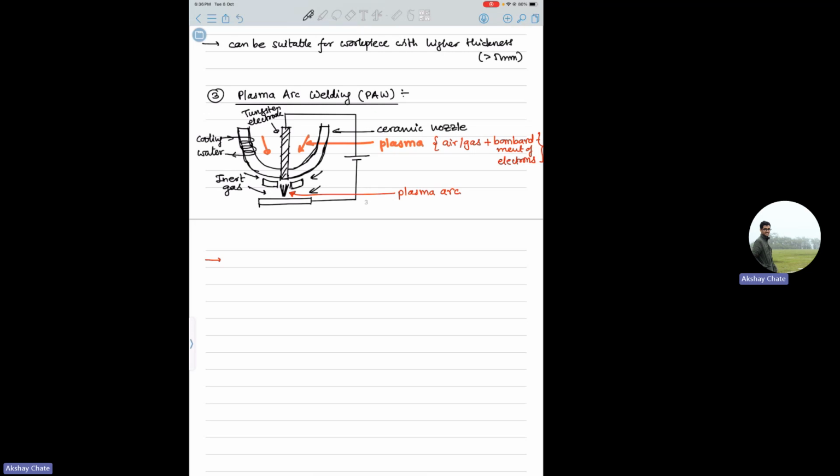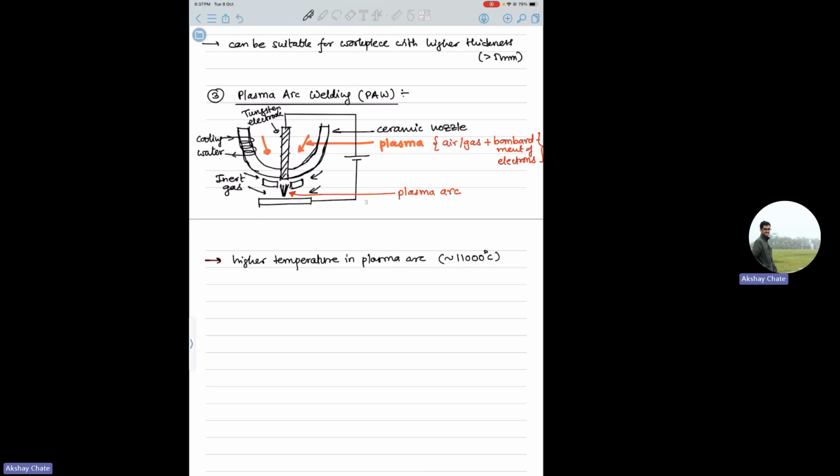This method is like a TIG only, but the difference is you use plasma, and by using plasma the advantage that you get is higher temperatures in the plasma arc, approximately 11,000 degrees Celsius.